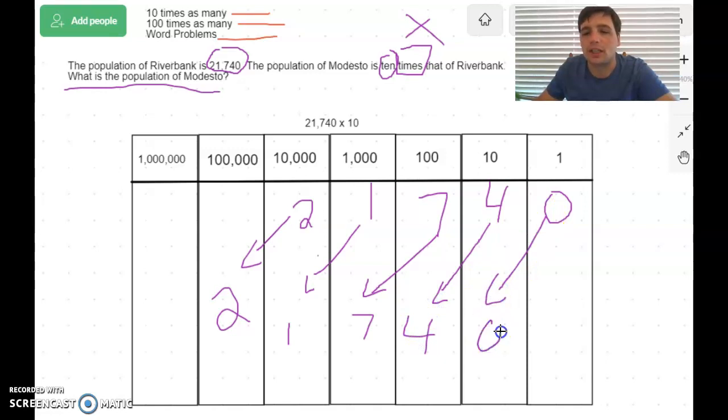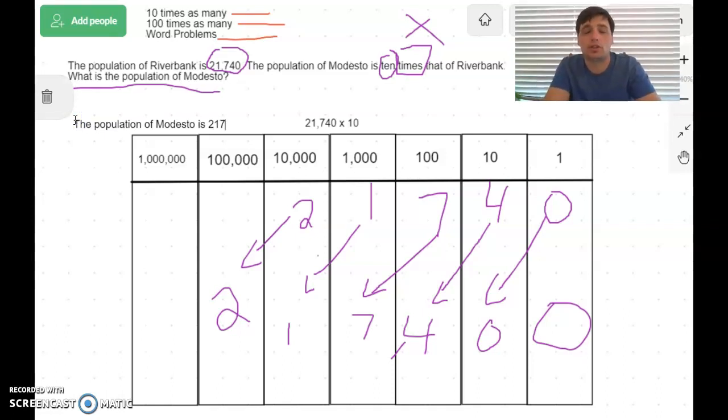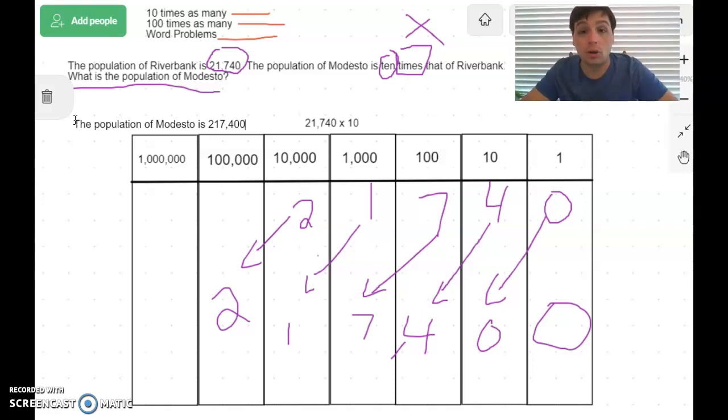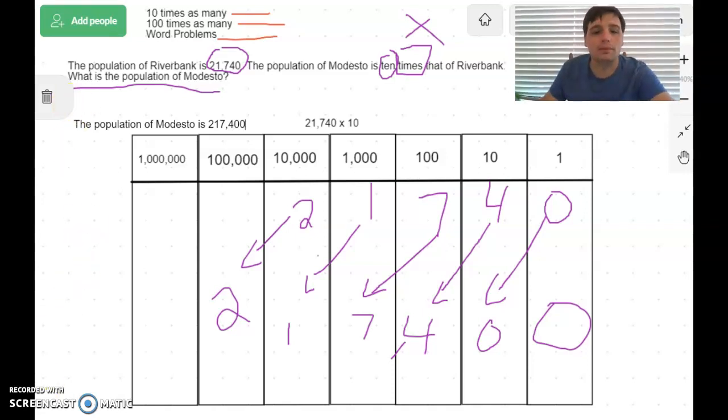My 0 stays the same, and I add a 0 to the back. Put my comma, and I'm set. It's a word problem, so I need a sentence. The population of Modesto is 217,400.